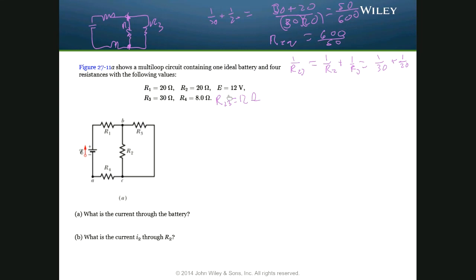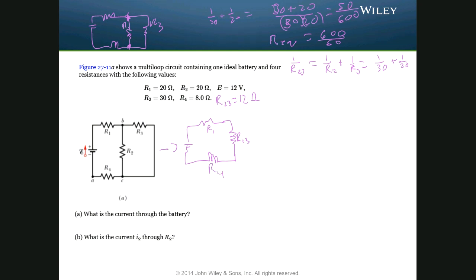And now what you can do is draw an equivalent circuit that makes life a little easier. Good, Mustafa. Now we do a new circuit, and we still have R1, but now we have R23, and we have R4.